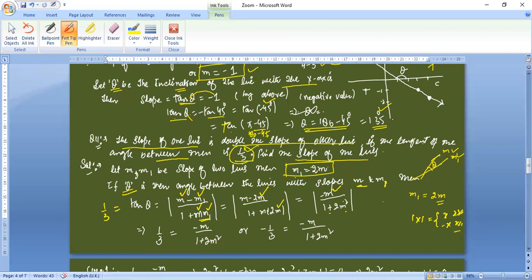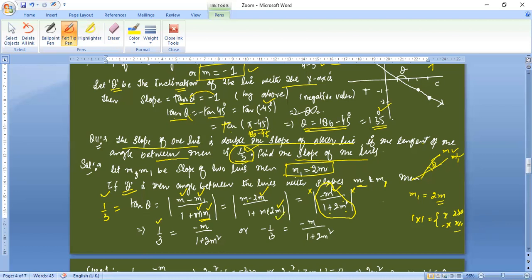So it has two values. If we drop this modulus, the interior has two values: one would be plus 1 by 3, another would be minus 1 by 3. So I have taken two cases, 1 by 3 and minus 1 by 3.